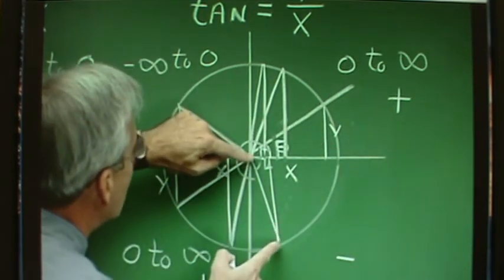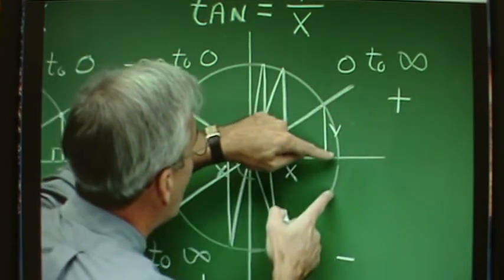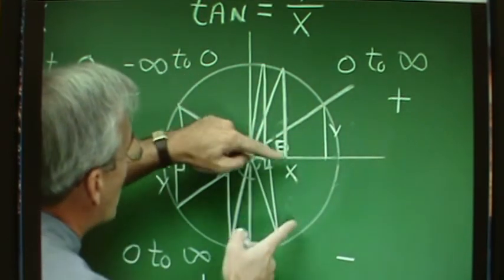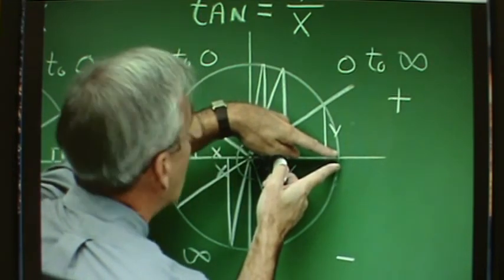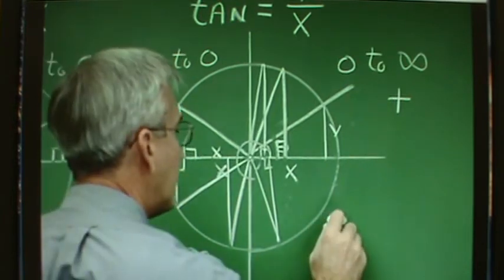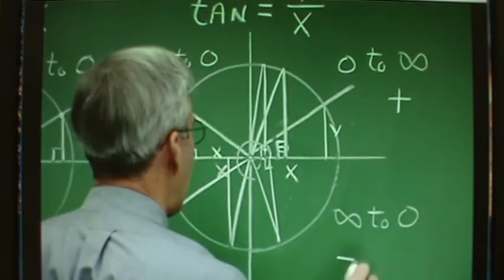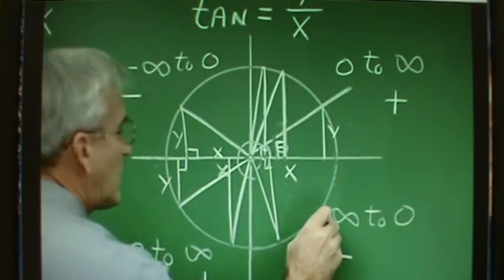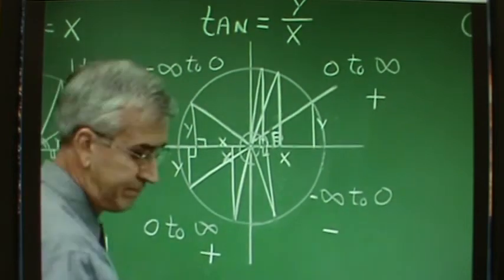Now notice that it's y over x. The x is approaching 1, and the y is approaching, you see, our vertical distance is approaching 0. So that's the numerator up here. So we're going from infinity to 0. And let's see, it's actually negative infinity, I should say, to 0.